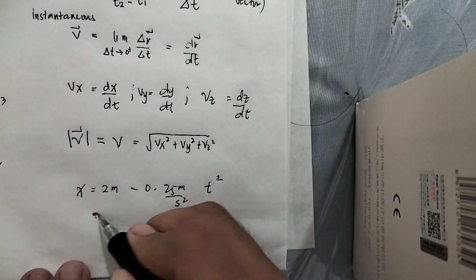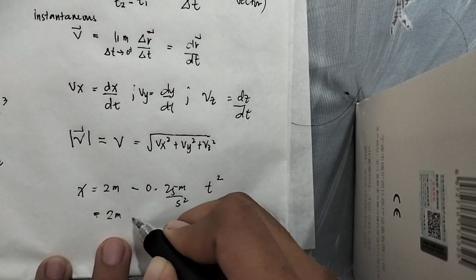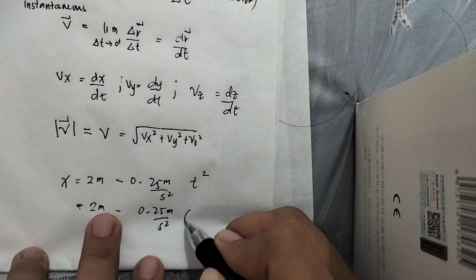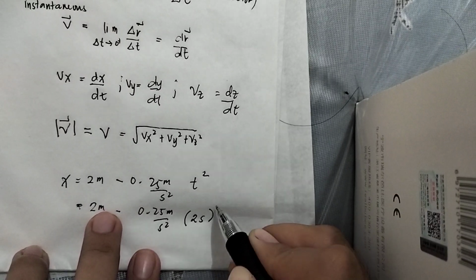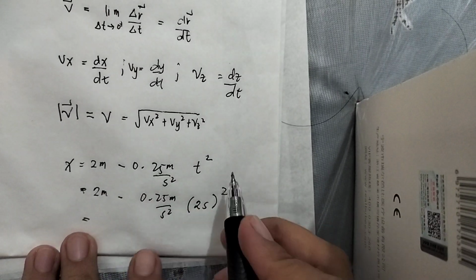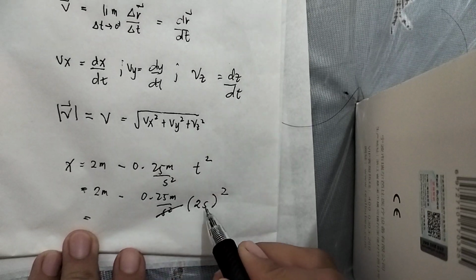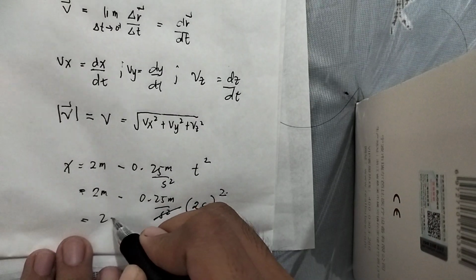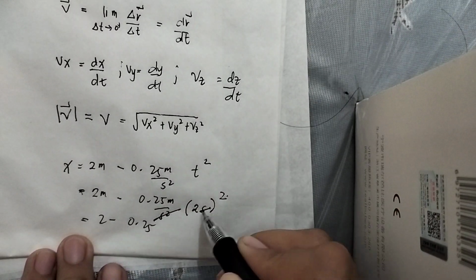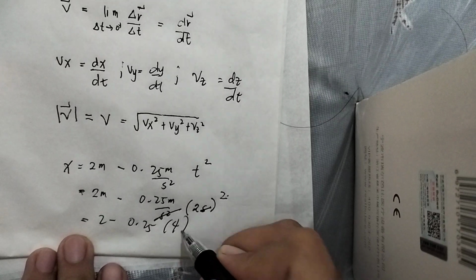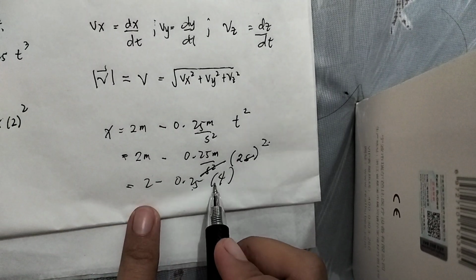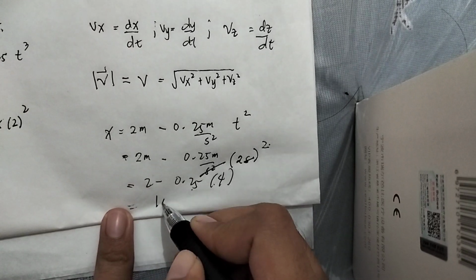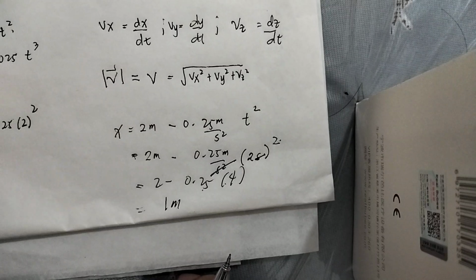So, pag substitute na 2 seconds, 2 minus 0.25 meters per second squared, and then 2 seconds squared. So, makancel ang unit nga second squared. So, 2 squared is 4, 4 times 0.25 is 1. So, 2 minus 1, nakay 1 meter.